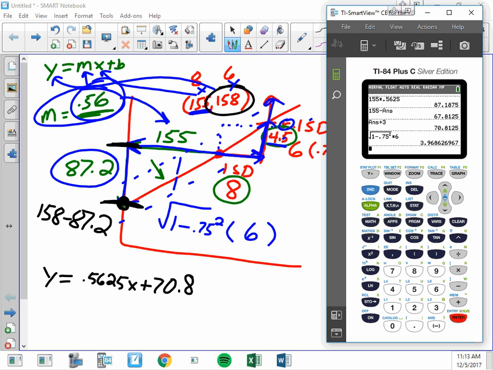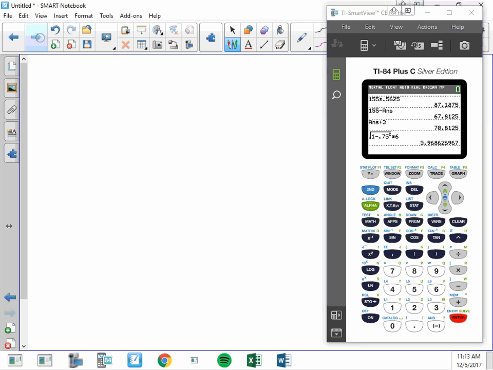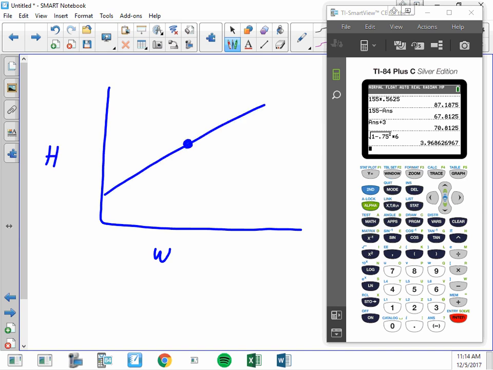Okay, I'm going to change pages. We're going to do the exact same thing, but this time we're going to do heights on wingspan. So this will be wingspan, and this will be height. And our point of averages is now 158, 155. This is question 18.